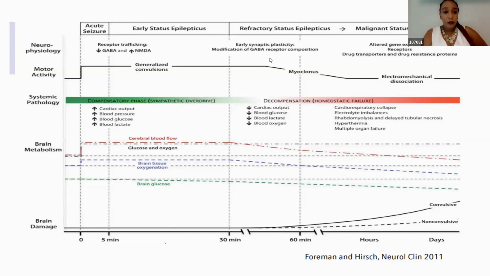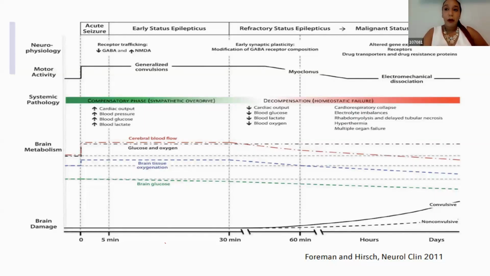So acute seizure, then early status epilepticus, refractory status epilepticus, and the last one is the malignant status epilepticus. That's when, if you look at the neurophysiology aspect of it, there's altered gene expression. Now we don't even know if these receptors are actually present and visible for us to even administer medications, right?